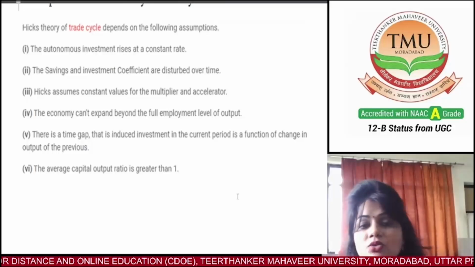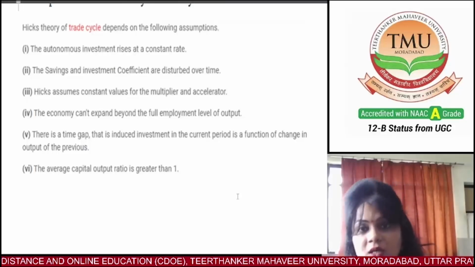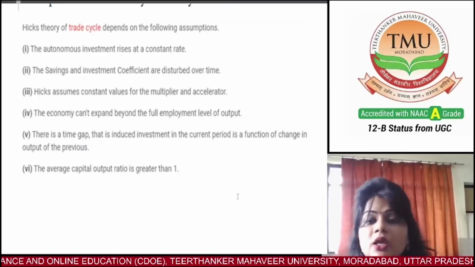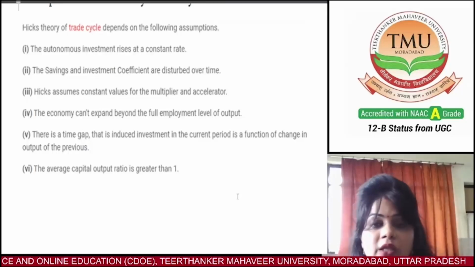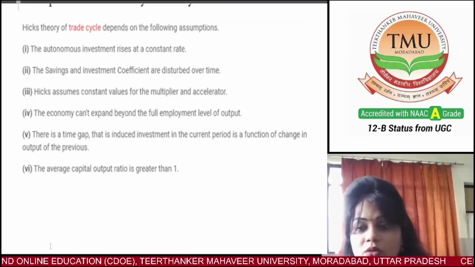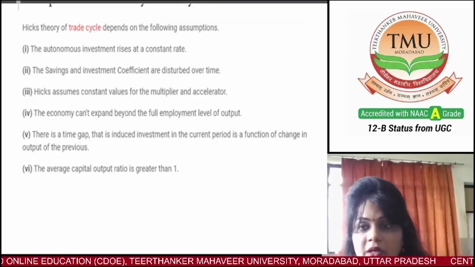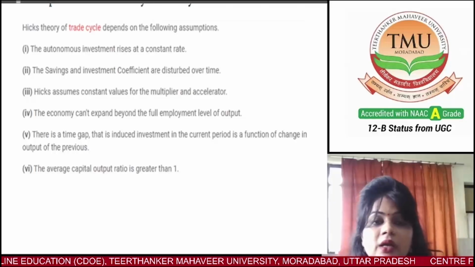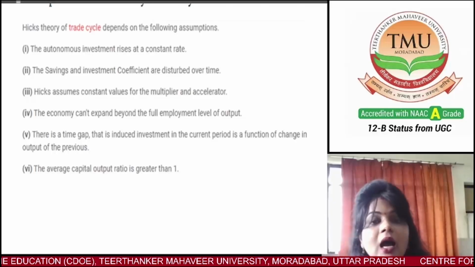So Hicks has also framed certain assumptions, as you also see. Assume an equilibrium rate of growth in a model economy where the realized growth rate and natural growth rate are equal.